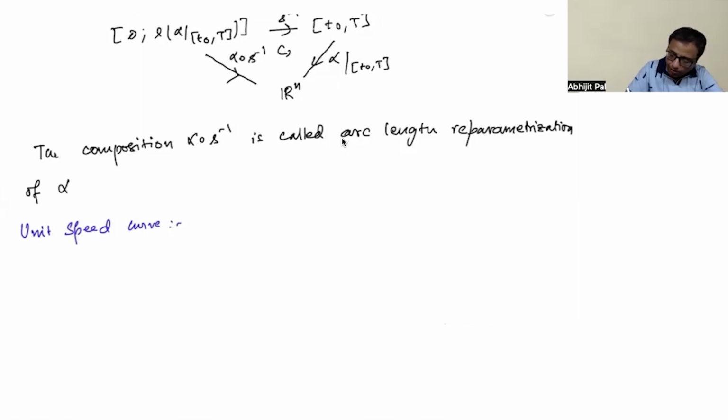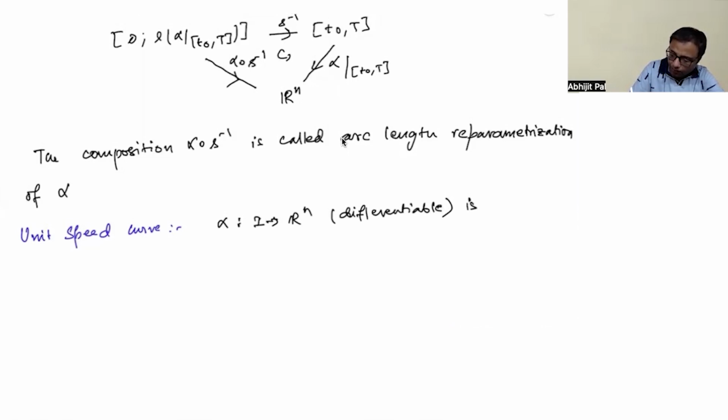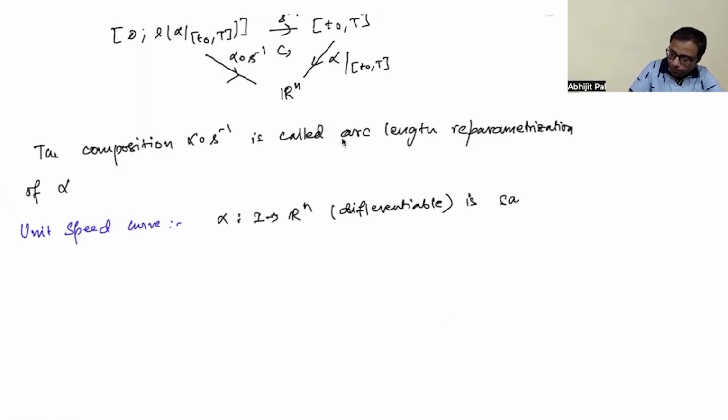Alpha from I to Rn, which is differentiable, is said to be a unit speed curve if norm of alpha prime t is equal to 1 for all t belonging to I.